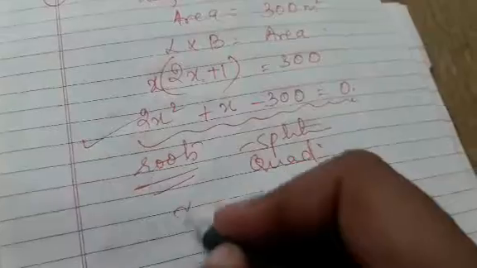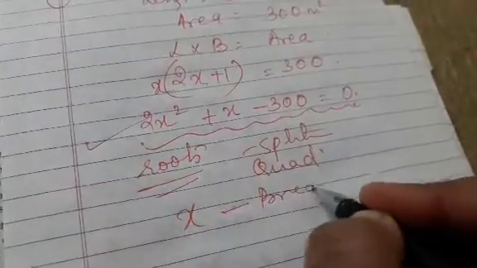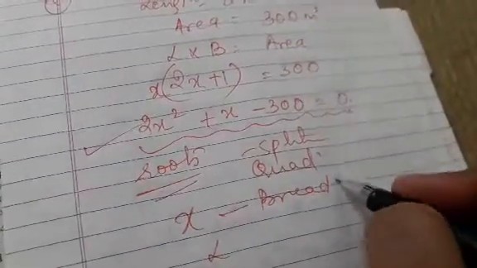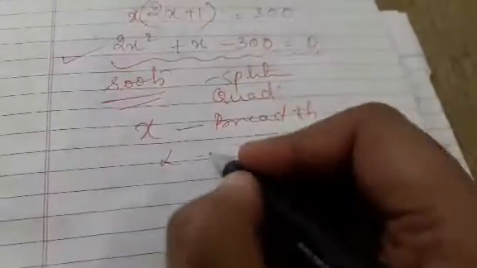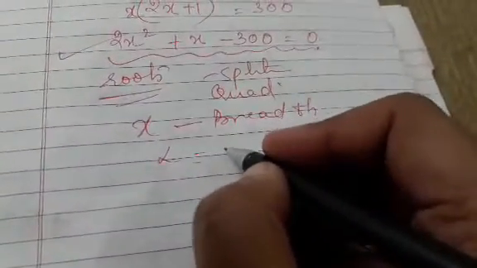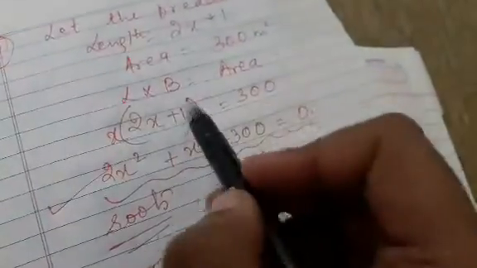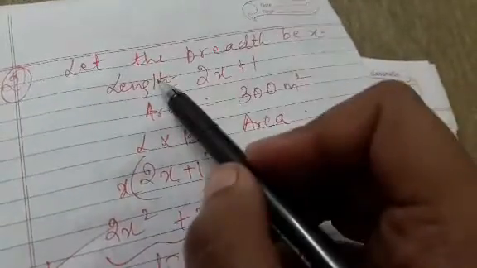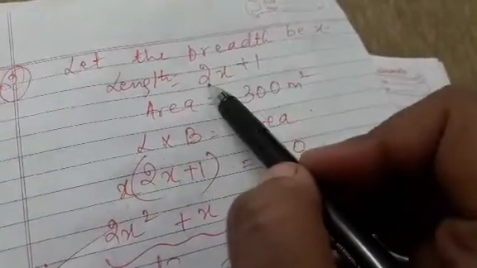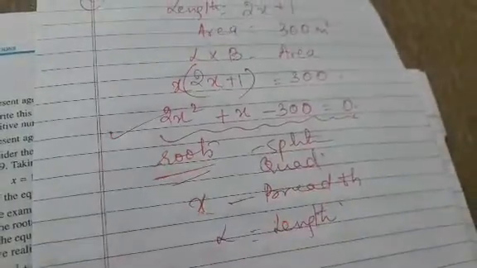Find out the value of x, which is breadth, and then find the value of length and check your answer from your textbook. Okay, so I hope this is clear to you, and it was a very simple question. You know the formula of L into B. We apply it here and we suppose breadth to be x and the length will be 2x plus 1 according to the given condition.